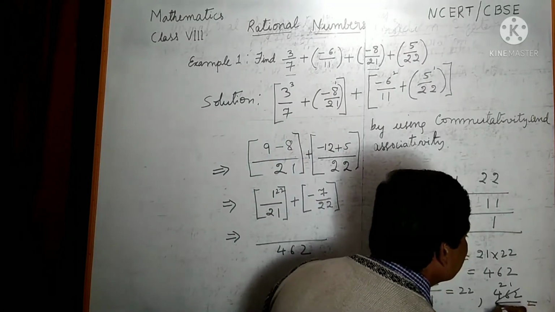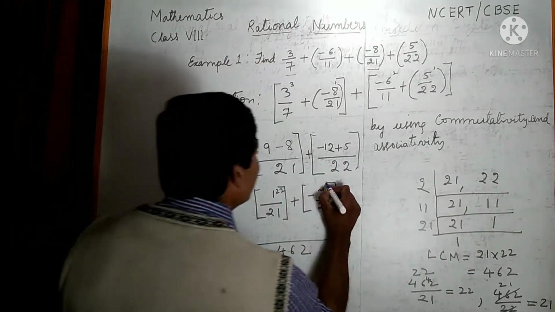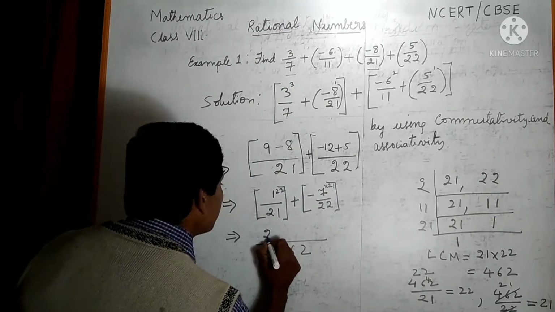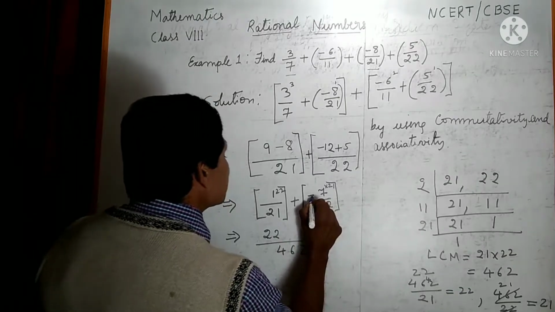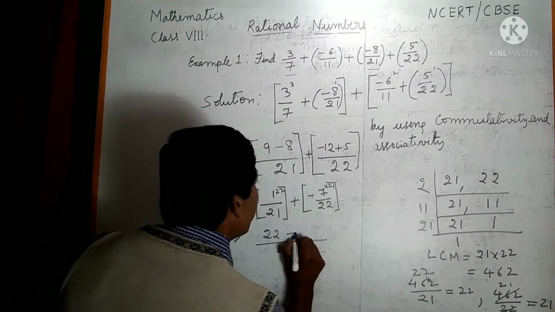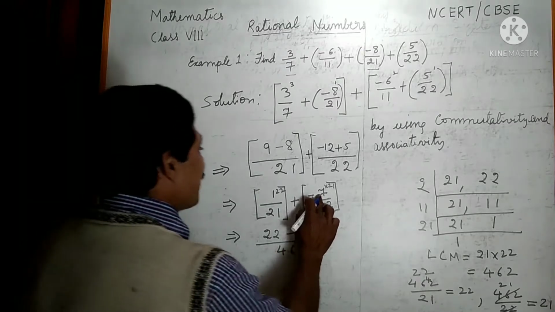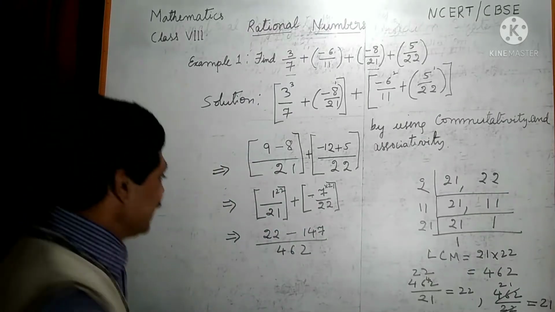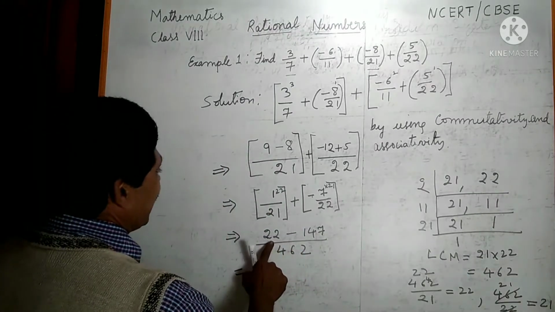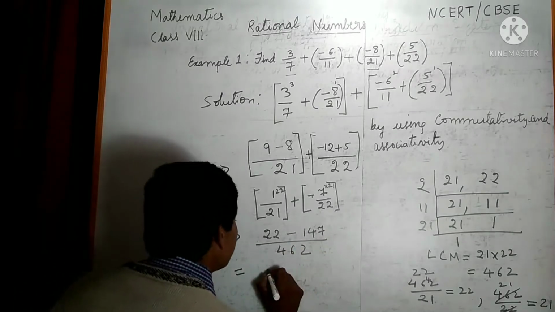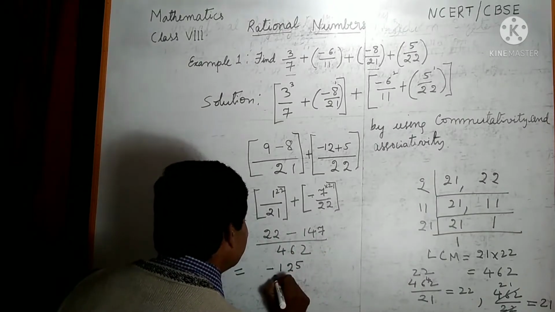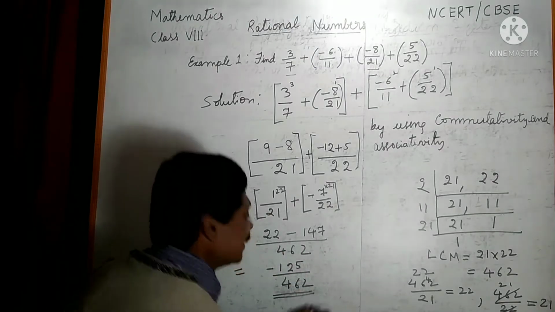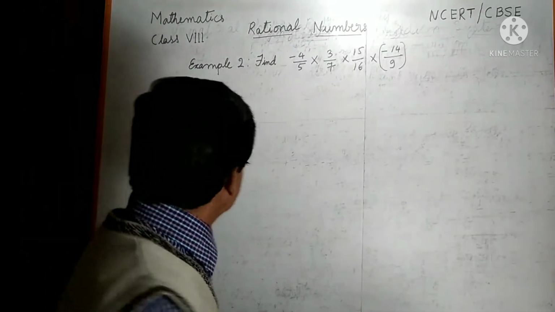So that 1 into 22, 21 into 21, plus into minus is minus, 21 7s are 147. This is equal to 22 minus 147 is minus 125 divided by 462. This is your answer. Next problem.